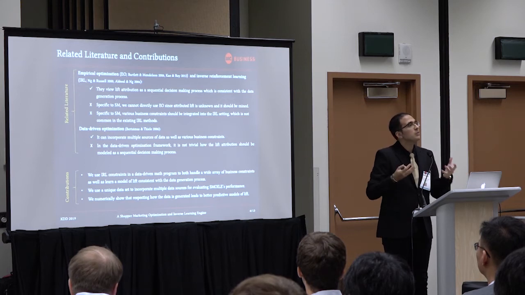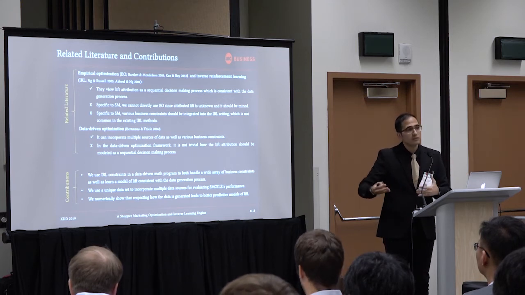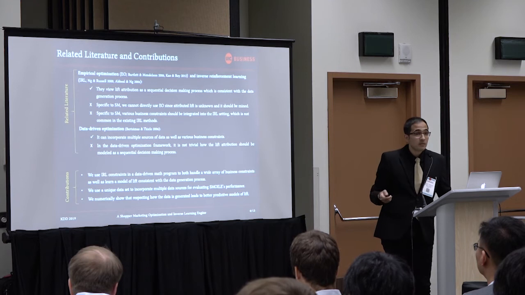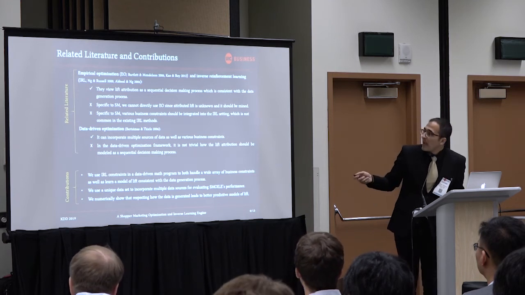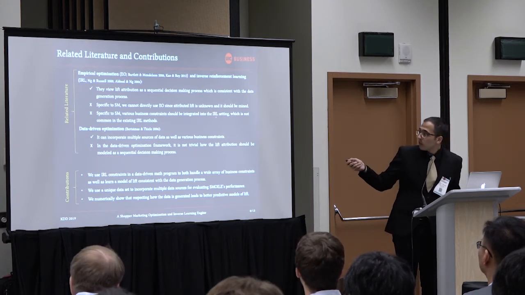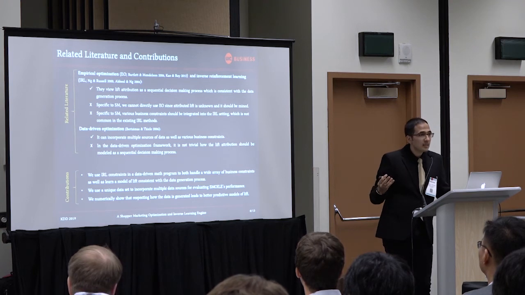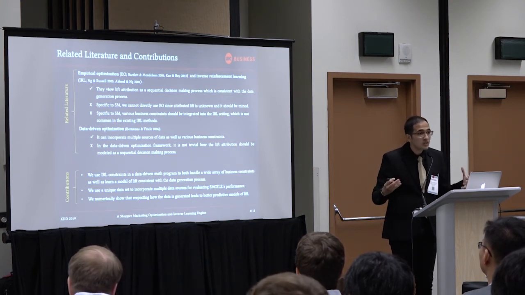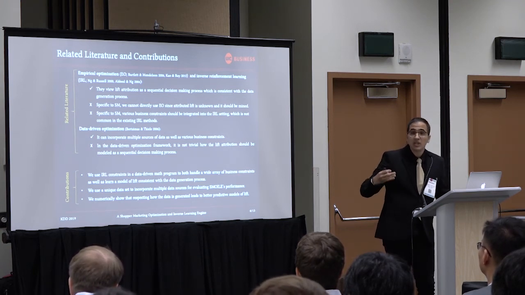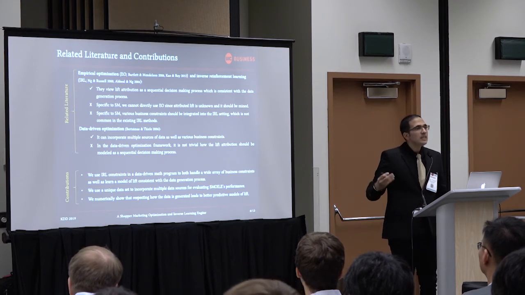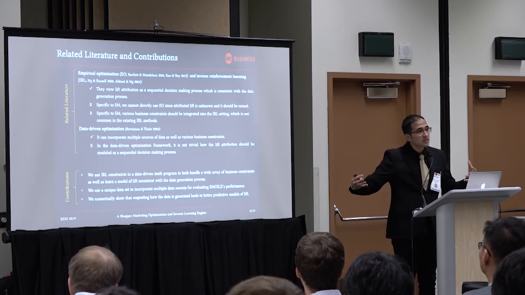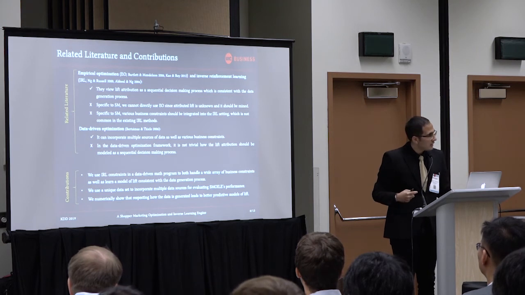We need to first compute the attributed lift and then use that for designing marketing campaigns. And in the inverse reinforcement learning, or IRL, setting, usually there aren't a lot of constraints such as business constraints, budget, or planning. Thus, we need to somehow incorporate the business constraints within the IRL context.